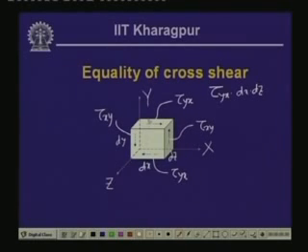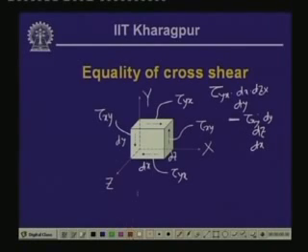The moment about z axis is this multiplied by the distance dy, which is the moment about z axis of tau y x, clockwise in nature, minus tau x y, which is acting on the area dz times dy. So, tau x y multiplied by dy multiplied by dz is the force, and to take the moment of this force with respect to z axis, it is multiplied by the distance dx.